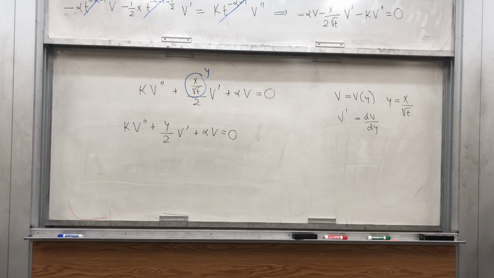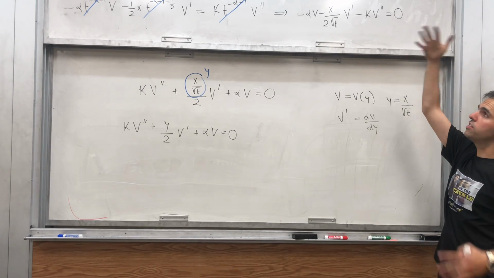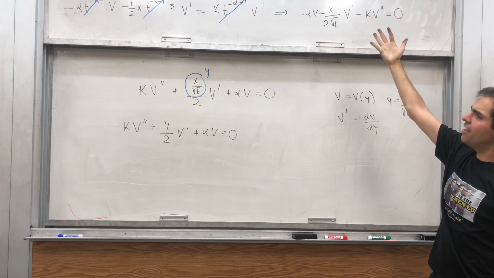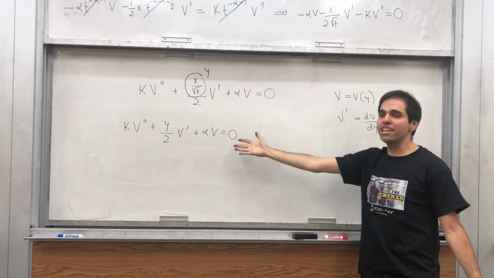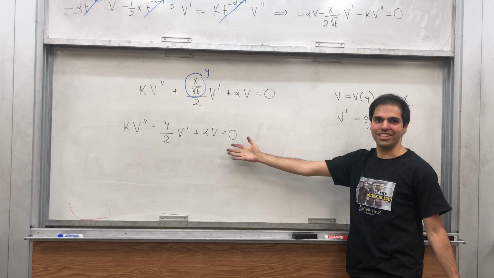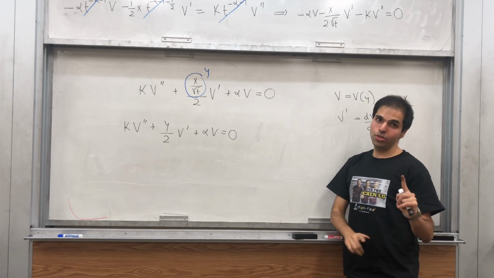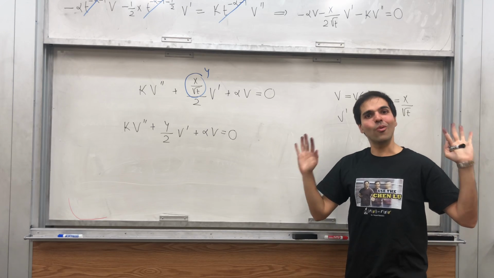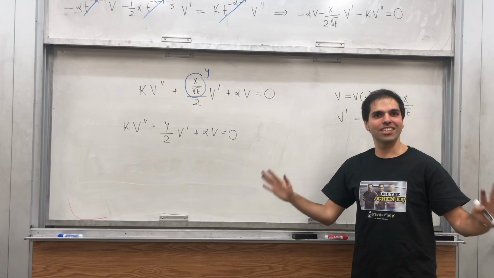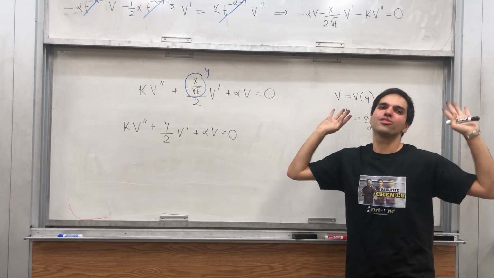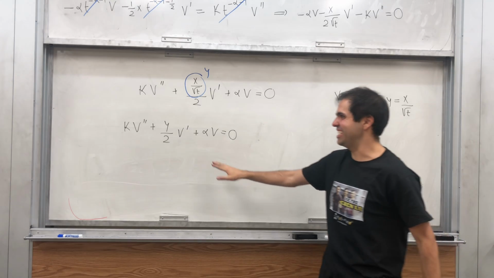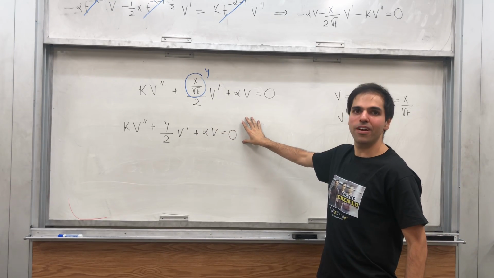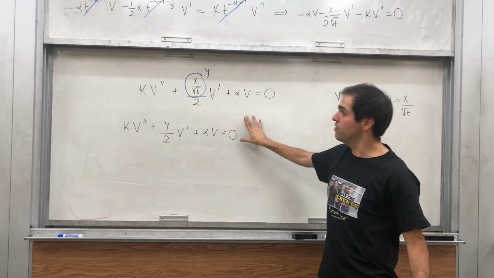But you might still be concerned because we started with this PDE and we kind of turned it into this really complicated differential equation. But two things. First of all, it's an ordinary differential equation, and ODEs are so much easier than PDEs. So even though this might be complicated, it's actually good, right?